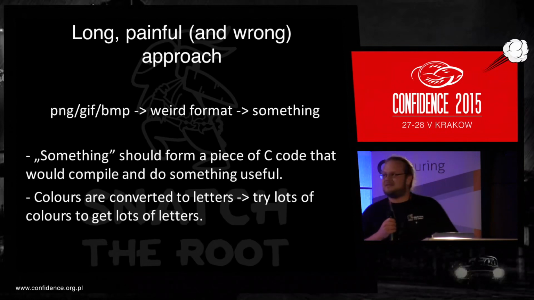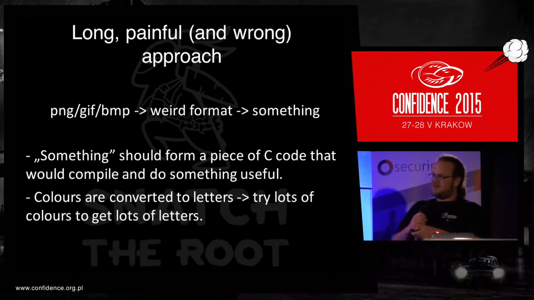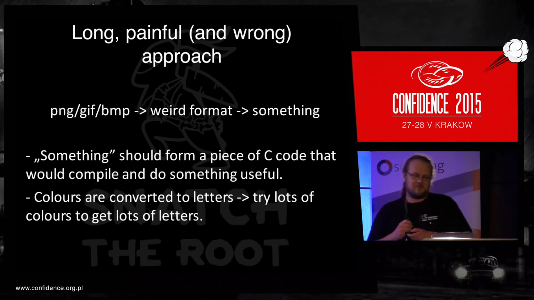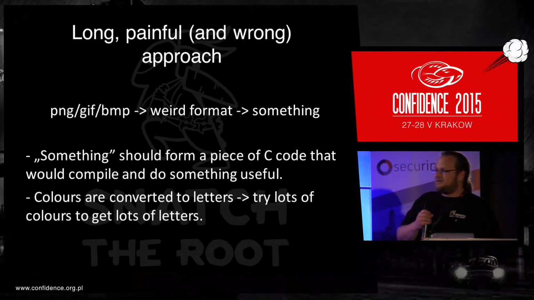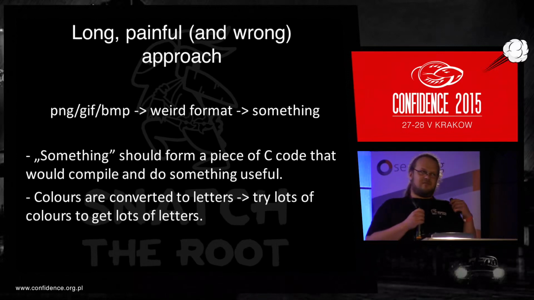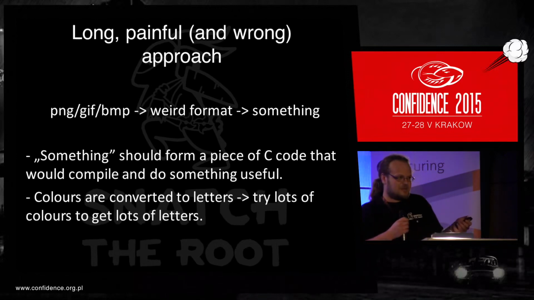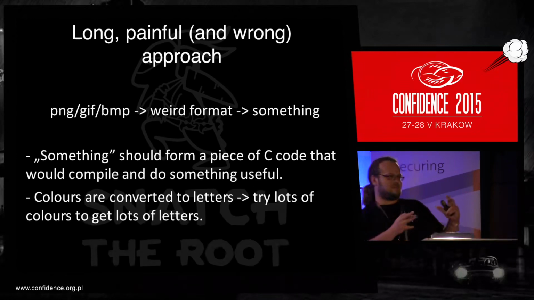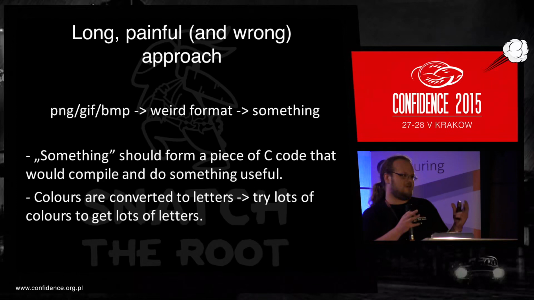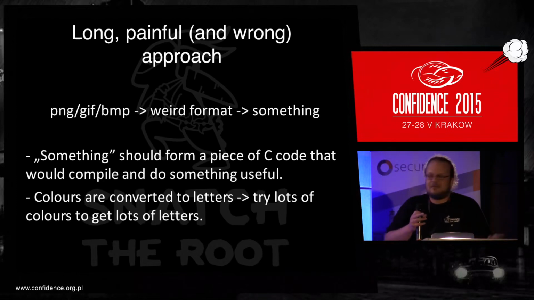The idea was that it takes an image, spits out the format, and then does something with this format, because it was crashing, trying to compile it. So the idea was to feed it an image that will create this weird format that will form some kind of C source that will be compiled, and maybe run.